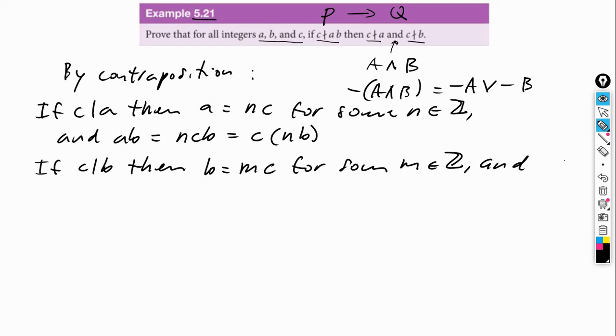And a times b is going to equal amc, which is equal to c times am. Therefore, we have proven the result by contraposition.